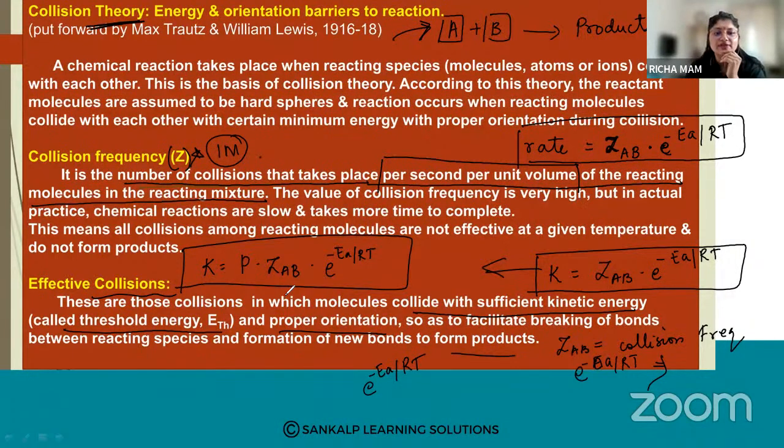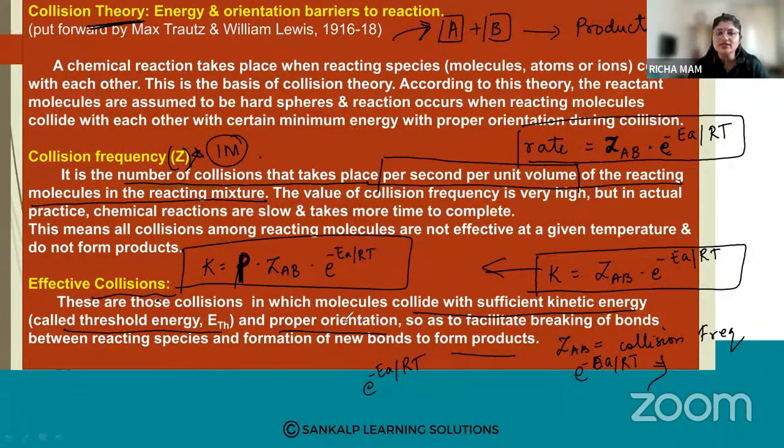Then for the effective collision, one more factor is introduced, that is the probability factor. That means the molecule should undergo a proper orientation. The molecule should move in a proper orientation. If you put the probability factor, it is introduced as P. Then what is effective collision?